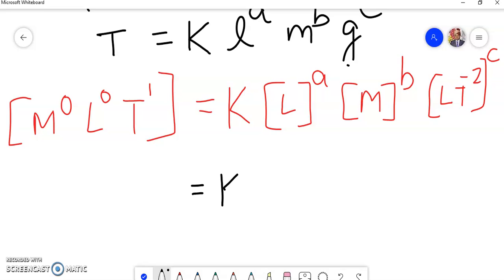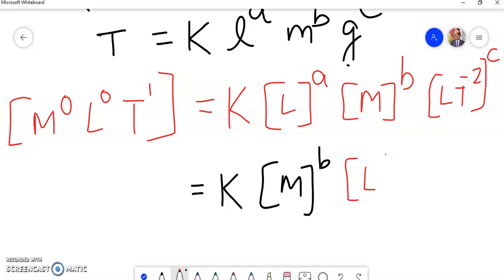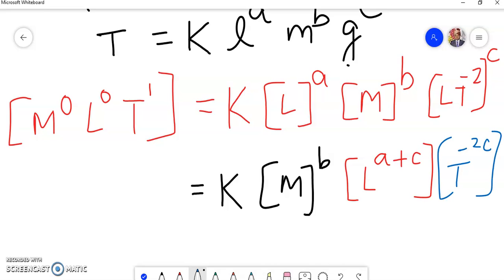It is equal to k. You can see this is here M to the power B. Again you can see L to the power A plus C, and lastly we have T to the power minus 2C, and on the left hand side we have, as we have seen, M0, L0, and T to the power minus 1.